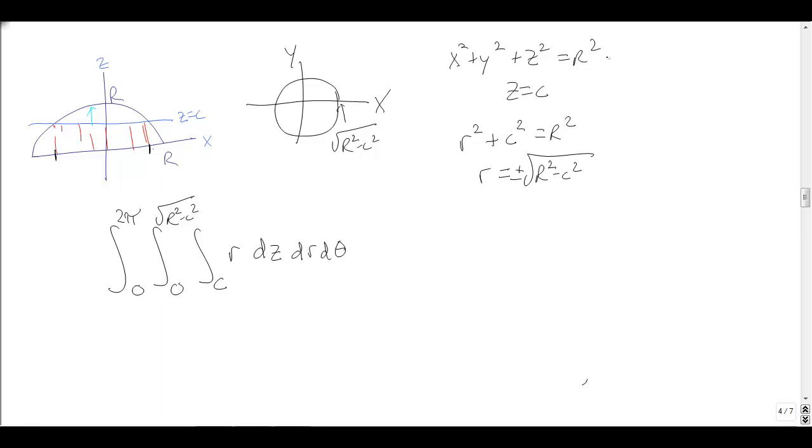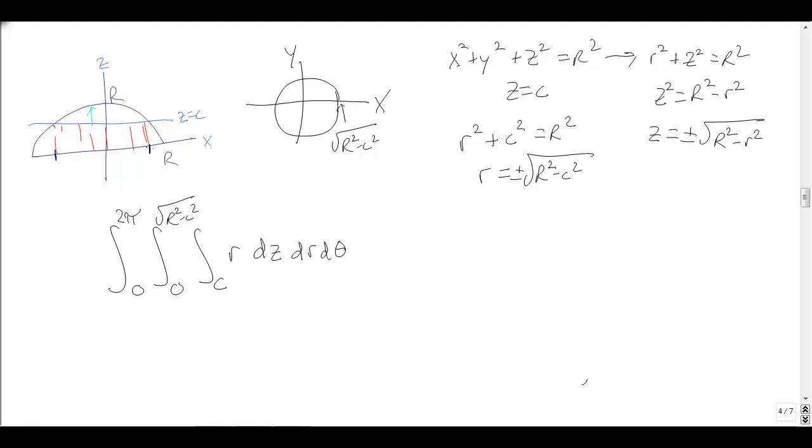And so what I'm going to do is take my sphere equation up here, x squared plus y squared plus z squared equals capital R squared, and solve that for z. Maybe before I do that, x squared plus y squared is lowercase r squared. This is going to look very much like solving for r. Z squared is capital R squared minus lowercase r squared. That is, z is plus or minus the square root of capital R squared minus lowercase r squared.